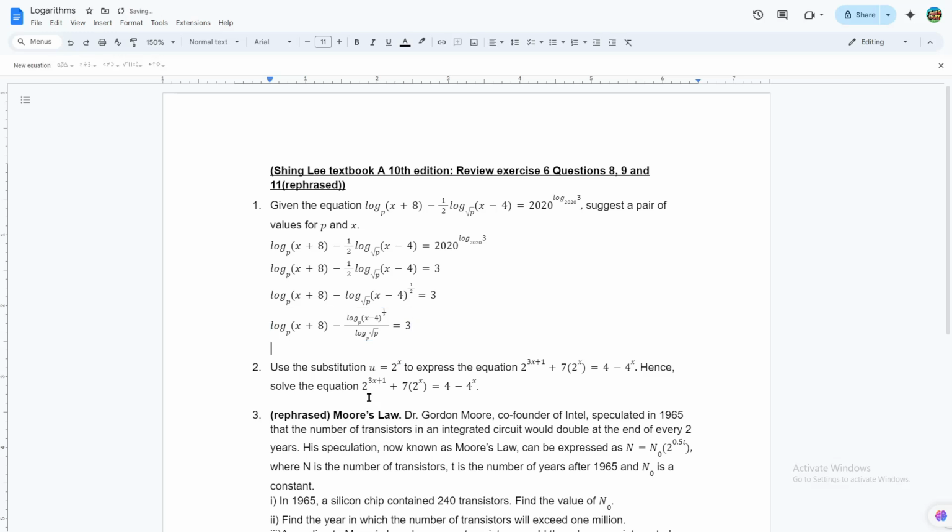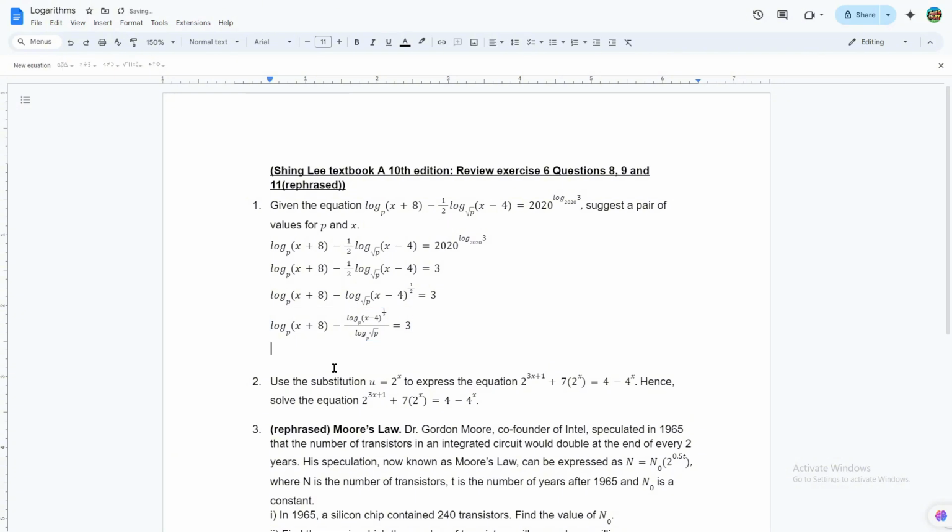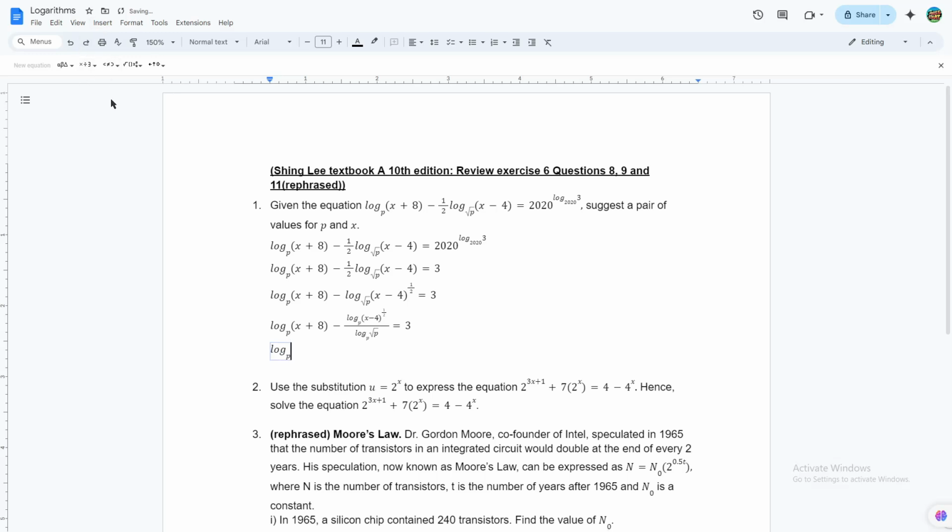Next, we can see that this bottom part, log base p of square root p, is equal to half. So we can write log base p of (x plus 8) minus, you can also see that the numerator has a power of half.